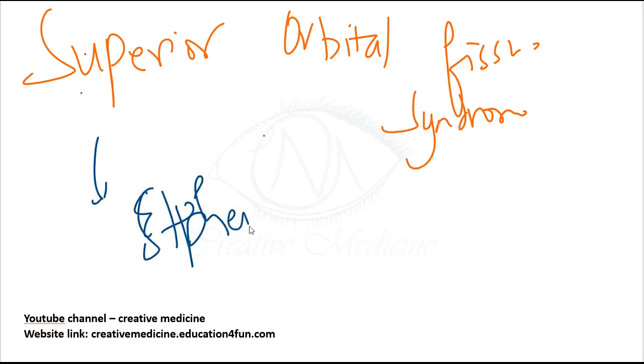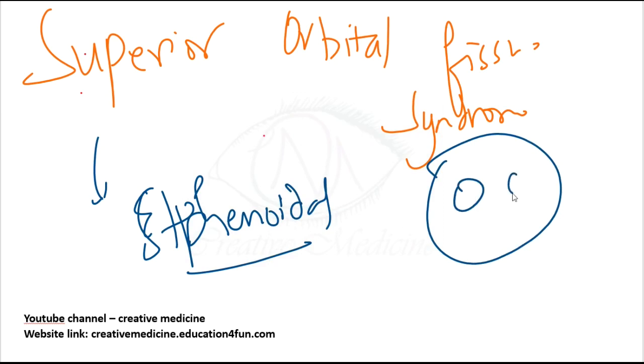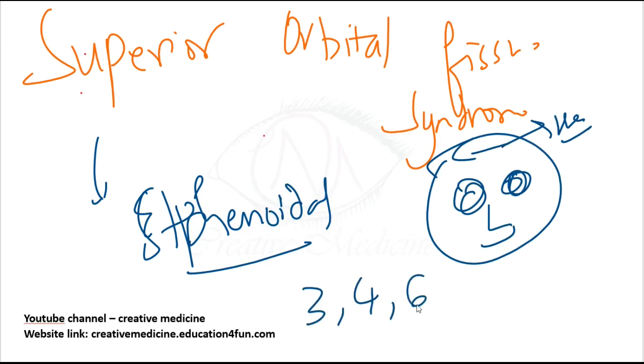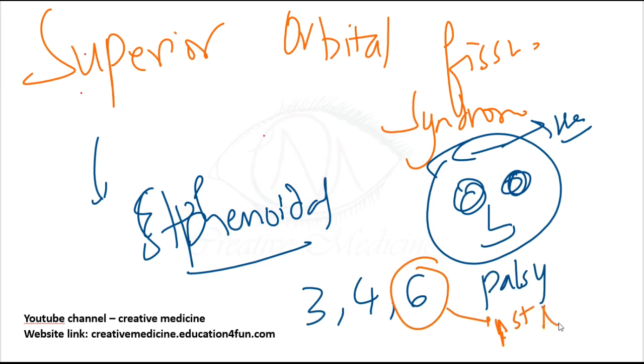Here, the patient presents with deep orbital pain and headache, and there will be palsy or paralysis of the fourth and sixth nerves. And among these, which of the following is first involved? Sixth nerve palsy is the first nerve to get paralyzed in superior orbital fissure syndrome.